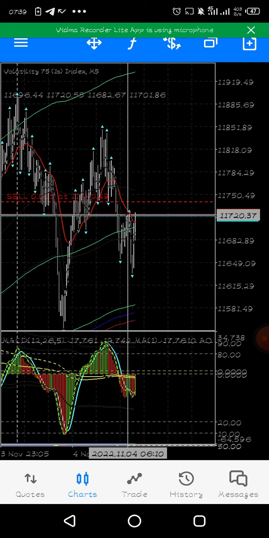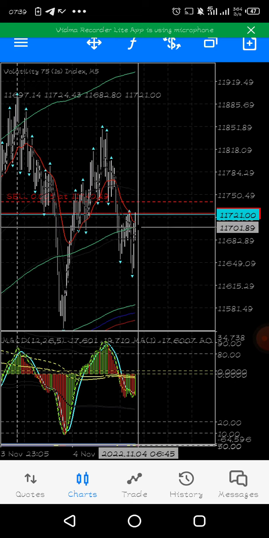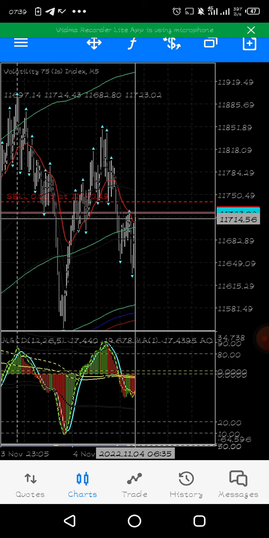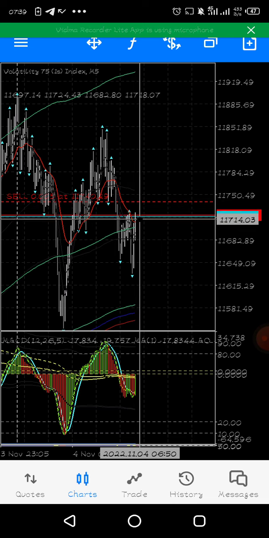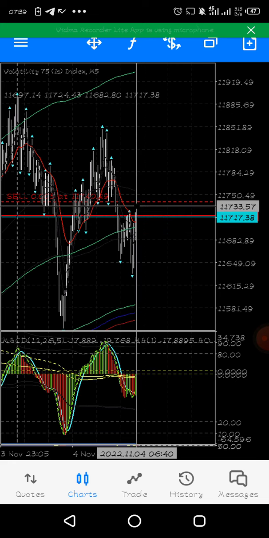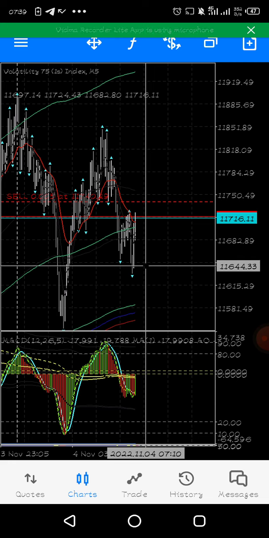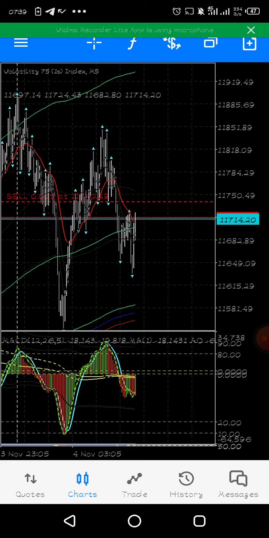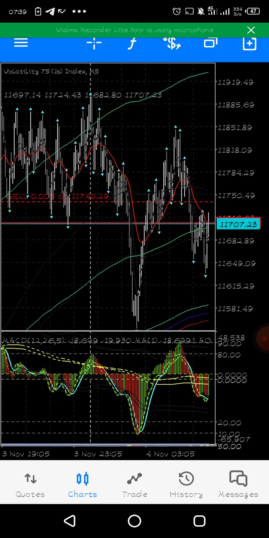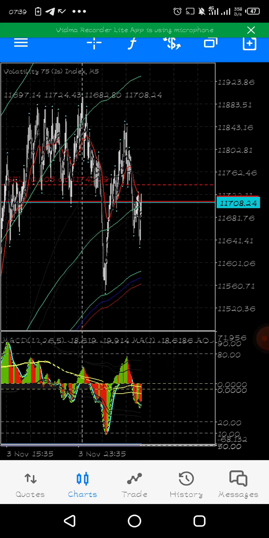So if the fractal here forms below, if it comes above, that means this market is trying to pull back. But if it forms below, that means the market is still going to go to the downside. But my condition for this trade is a sell. Why? Because the market has already ranged here and there's a distribution to the downside. So that is why.